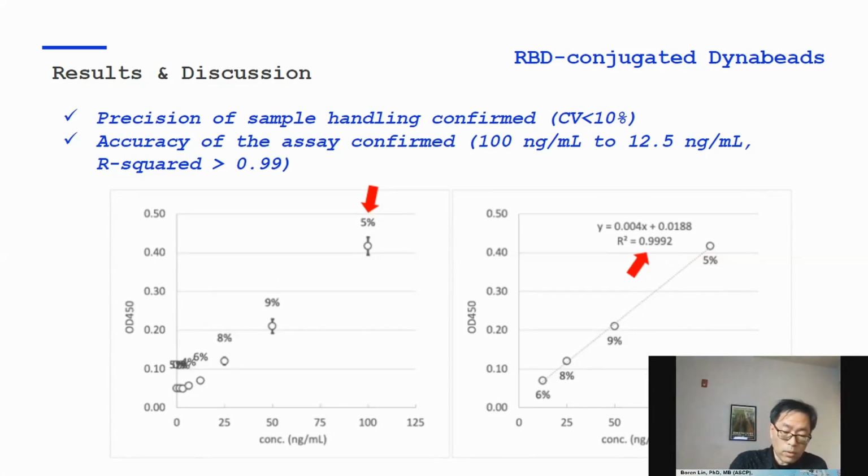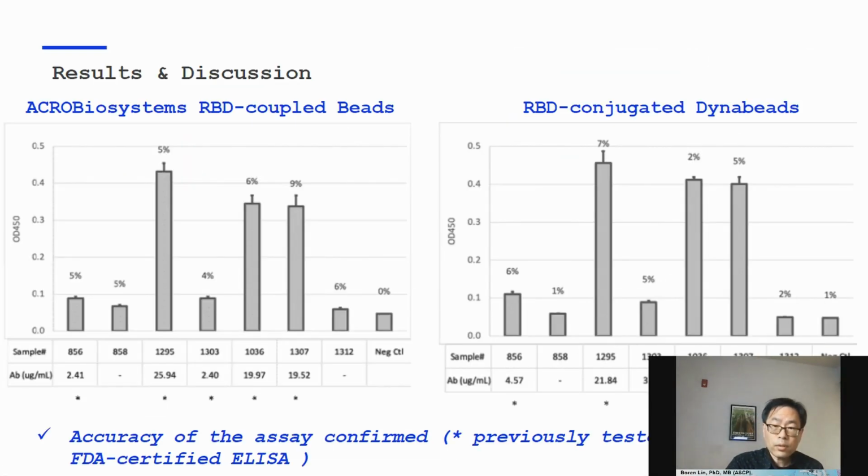And we ran the protocol again to process RBD-attached Dynabeads we prepared in-house. And as we expected, the CV values confirm the consistency of sample processing, and the standard curve looks very sharp.